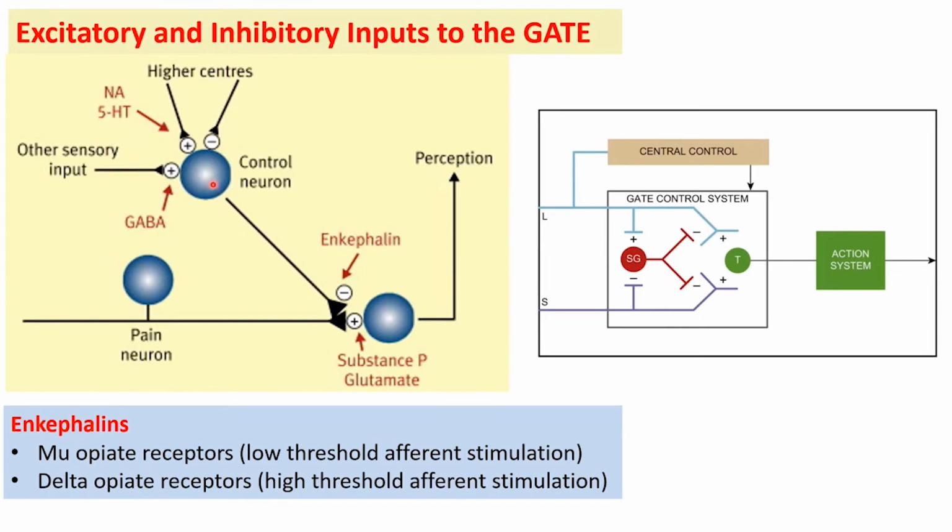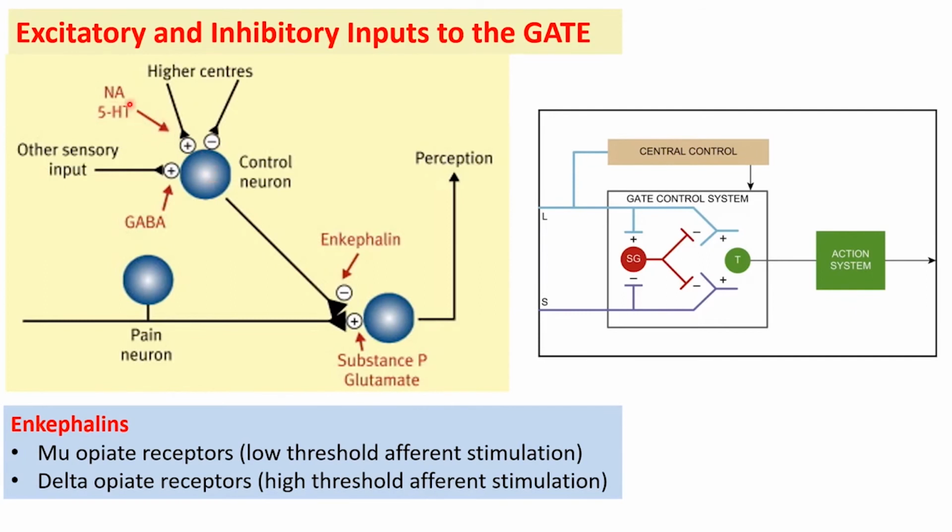They excite the substantia gelatinosa cells, which in turn inhibit the pain transmitting pathway, that is A delta and C fibers, that in turn reduces the transmission. The norepinephrine and serotonin coming from the descending medullary pathways or projections, they would activate the substantia gelatinosa cells.